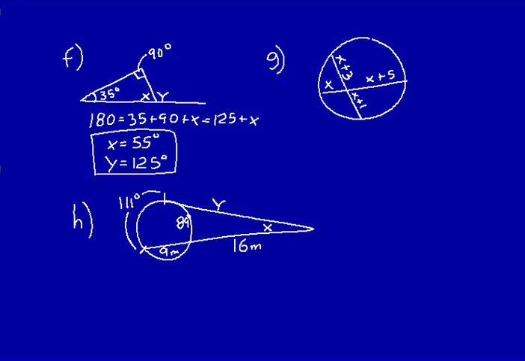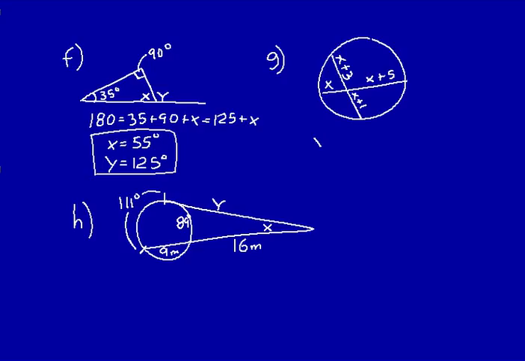Now look at problem G. I want you to find x there. We have some segments inside a circle, and those are secants. Those lines that don't go through the center of the circle but touch it at 2 points, those are called secants. And the products of the segments that they're broken up into, those products are equal to each other.